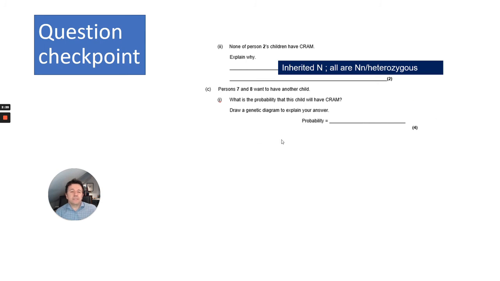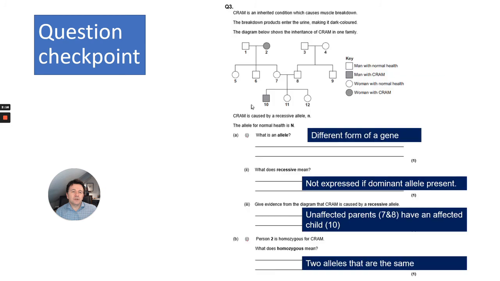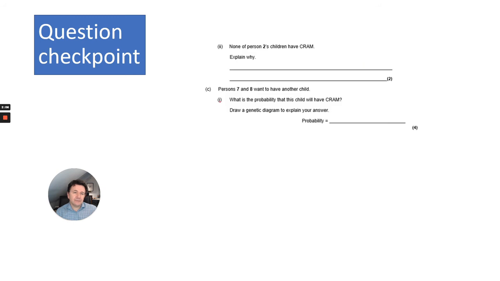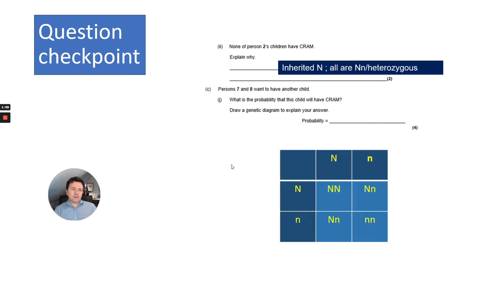Person 7 and 8 want to have another child. If you remember, I'll just go back, they have normal health, they are heterozygous dominant, so they have a dominant and a recessive allele. So what is the probability that this child will have CRAM? Draw a genetic diagram. So here we go.